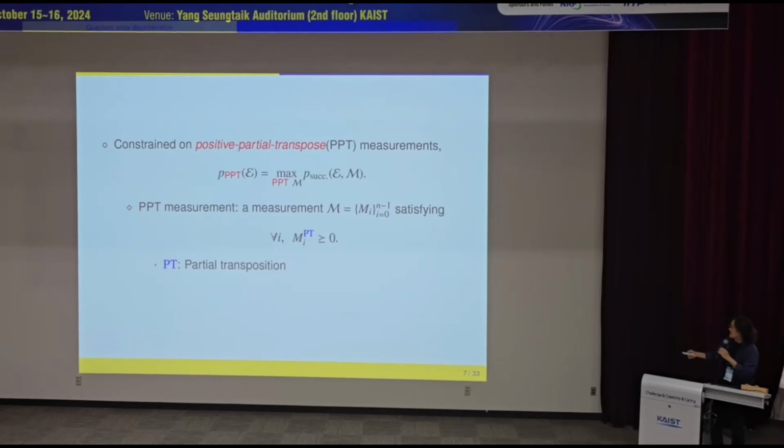And if the resulting operator is still positive, then it's called PPT. And a PPT measurement is a measurement whose measurement operators are PPT. Then if we think about the maximum of the average success probability over all possible PPT measurements, we'll denote that maximum value as P_PPT of epsilon.